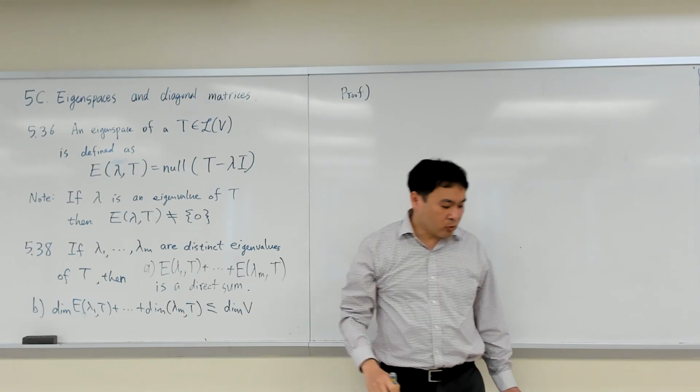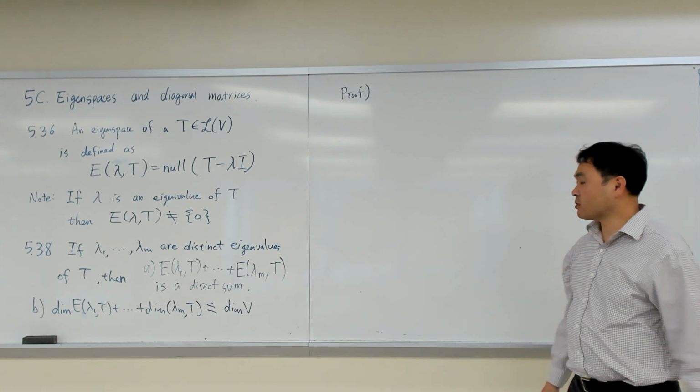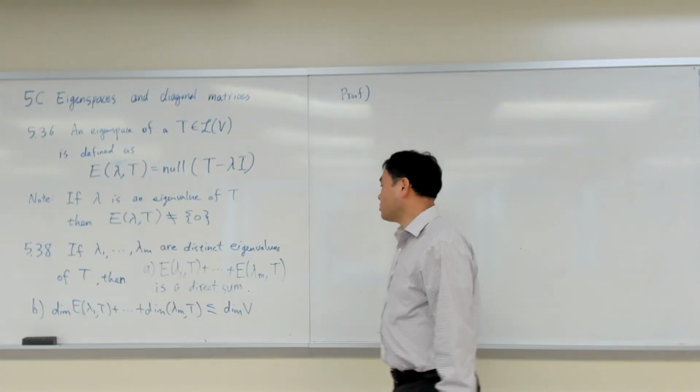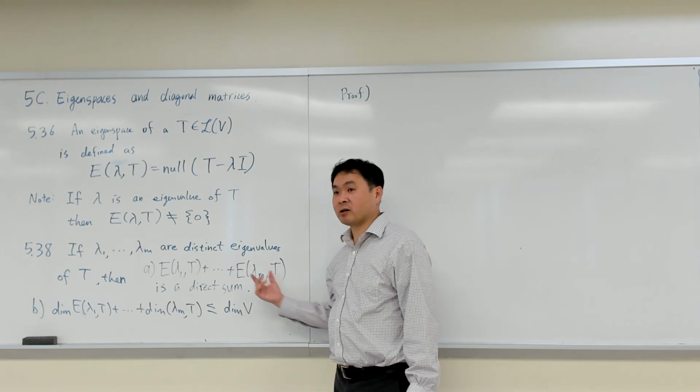So we're going to use an equivalent condition of being a direct sum: 0 can only be written in a unique way, as a 0.